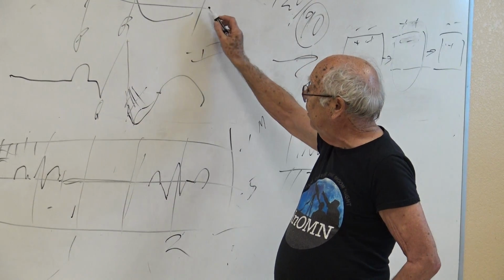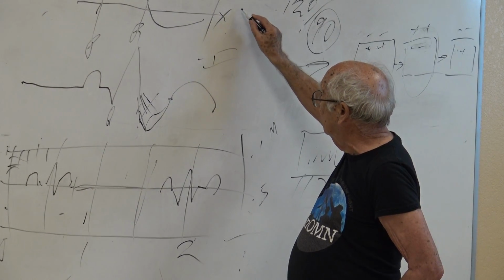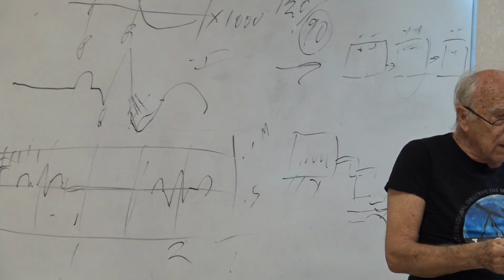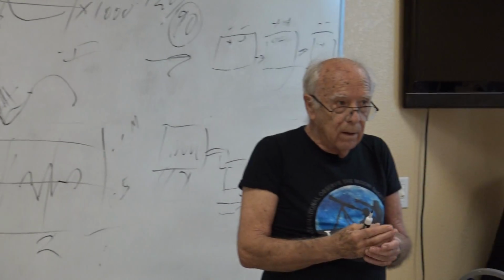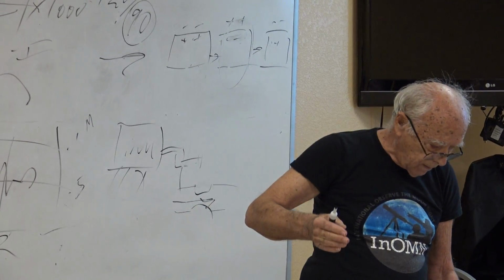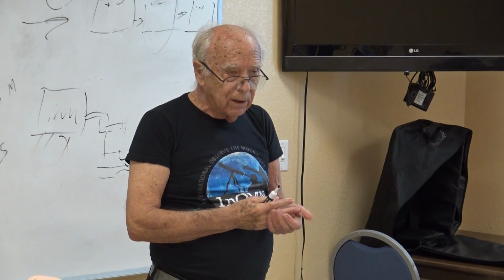How many of these sine waves are you going to have per, let's say you're going to have 1,000 of them. We're talking about gigahertz and megahertz. But the frequency, the length of it, is absolutely fixed.